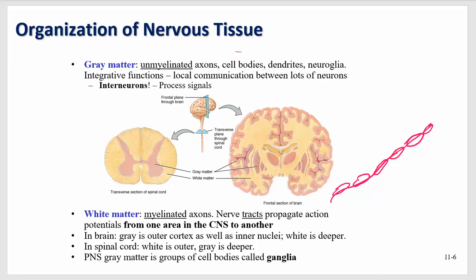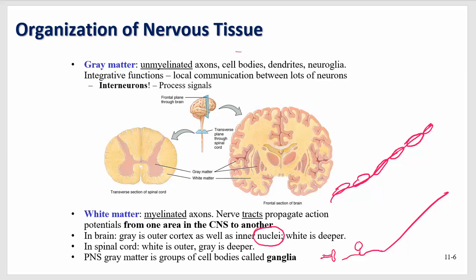So in the brain, gray is the outer cortex as well as the inner nuclei. White is deeper. In the spinal cord, white is the outer, gray is deeper. And in the peripheral nervous system, gray matter is groups of cell bodies called ganglia. In the central nervous system in the brain, they're called nuclei. And by that I mean we have synapses, we have cell bodies that can communicate.